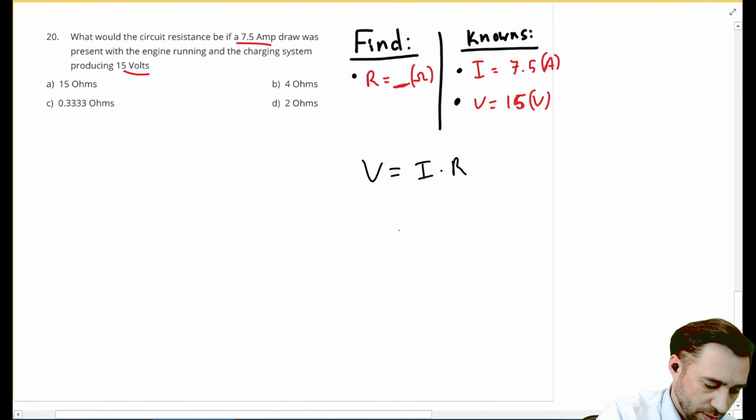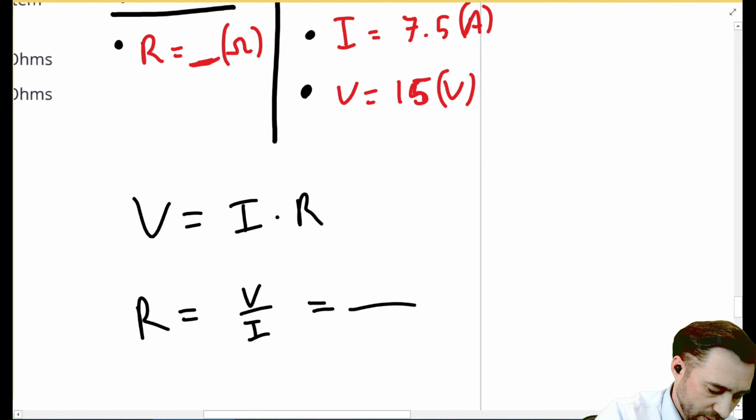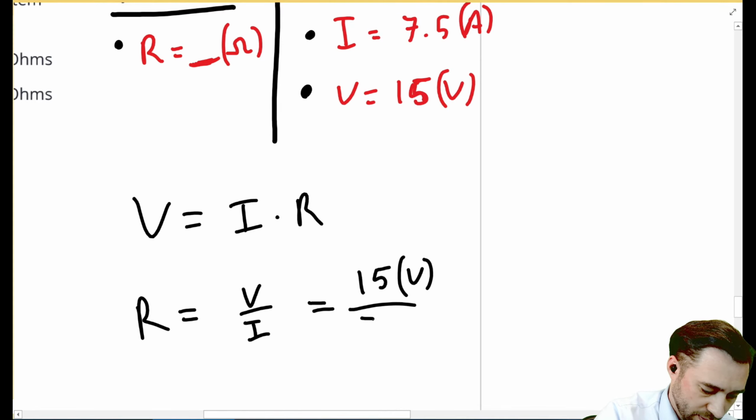I'm searching for R, so R is equal to V over I. My voltage is 15, and my current is 7.5 amps.